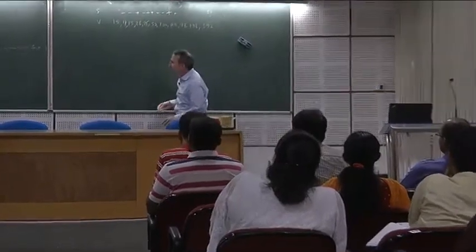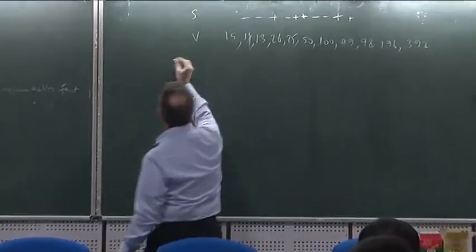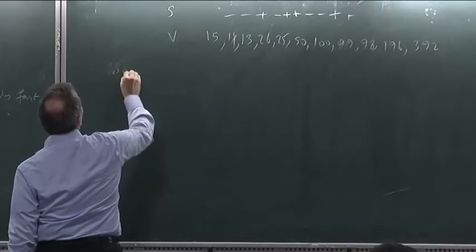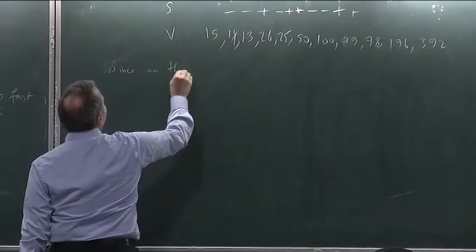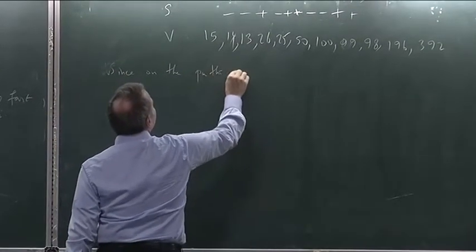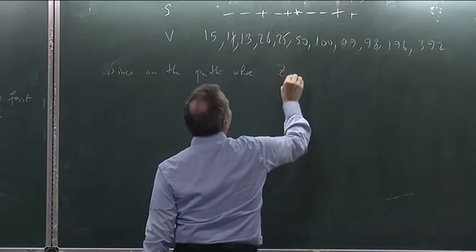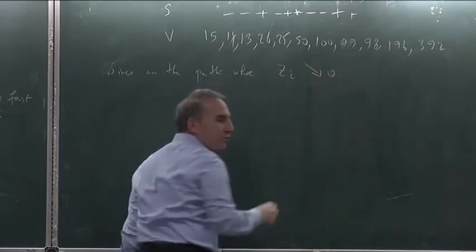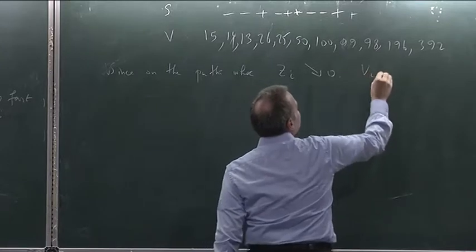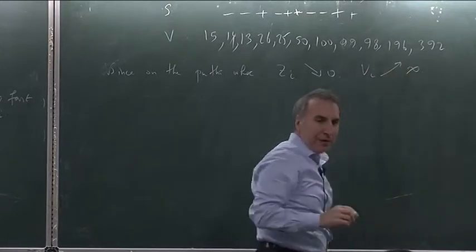The idea is the following. We know for sure that on the path where zi is going down to 0, vi is going to infinity. Fine.